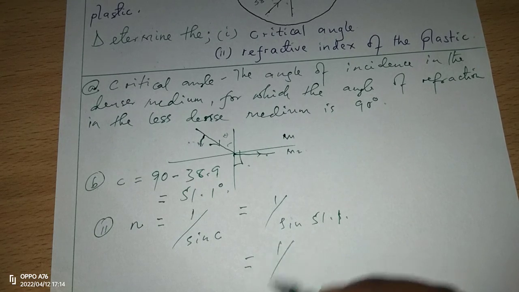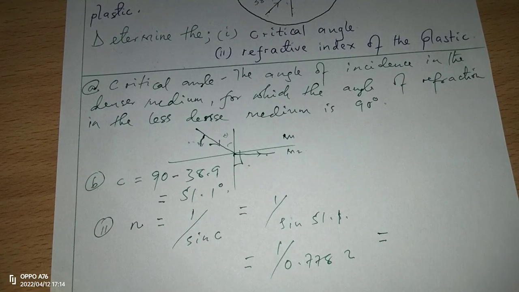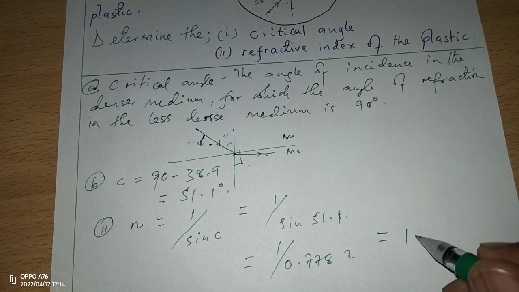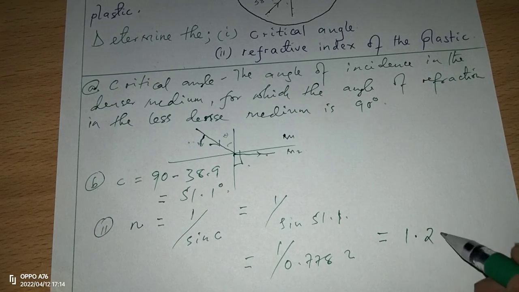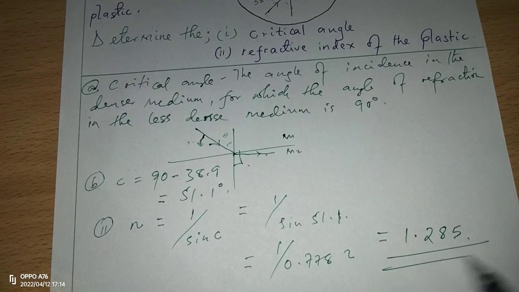First of all, sine 51.1 becomes 0.7782. Then its reciprocal is going to be 1.285. This is going to be the refractive index. Remember, refractive index is a value which has no units since it is a ratio.